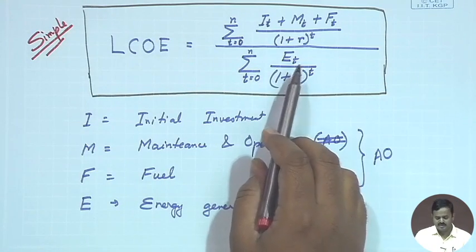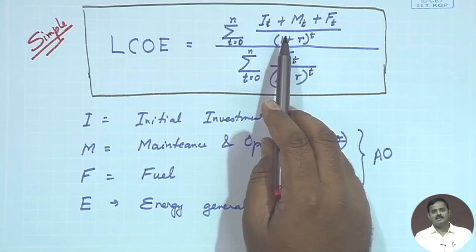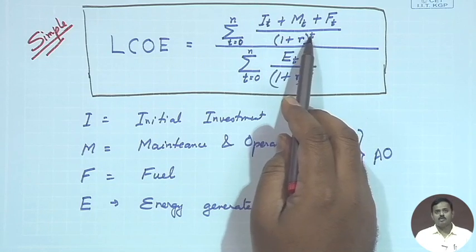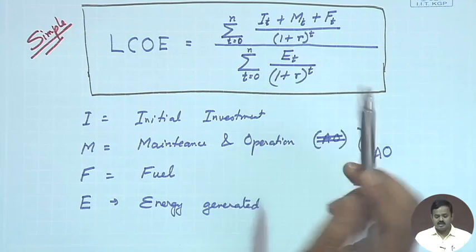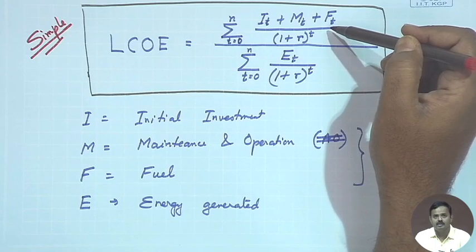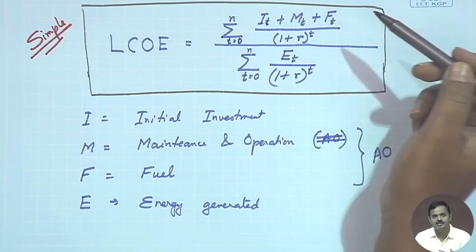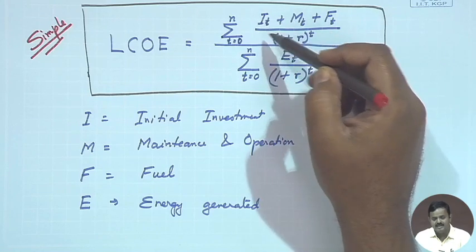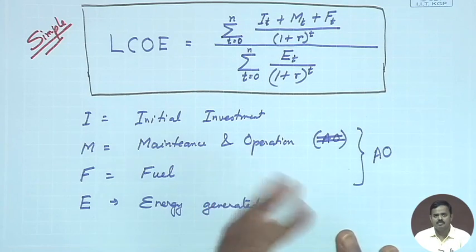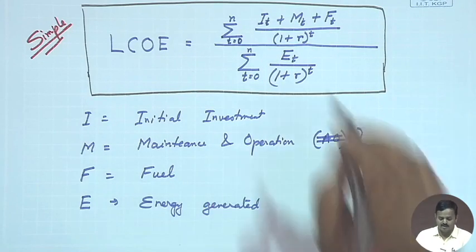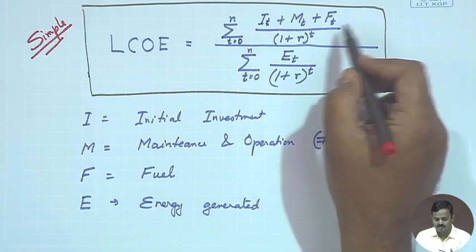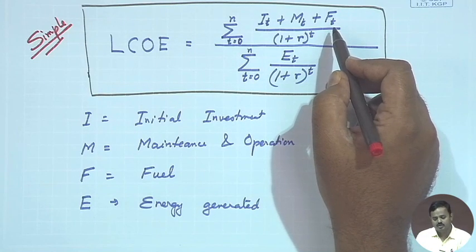several of these metrics. So, for example, let us talk about a natural gas plant. I would need fuel, so this F is going to be a significant amount in subsequent years. Initial investment cost will be there, but when compared to a solar plant, this I is going to be very high, but F is going to be low.